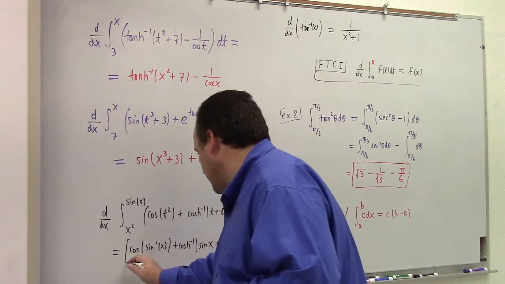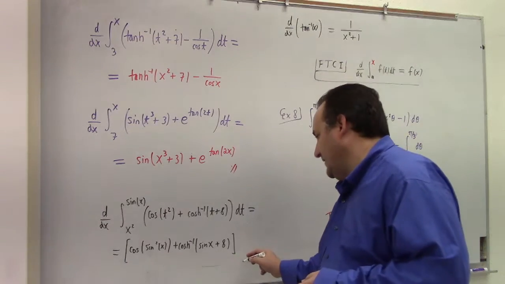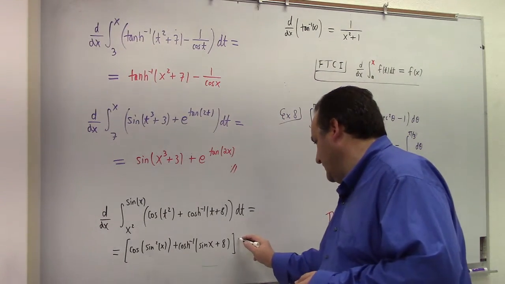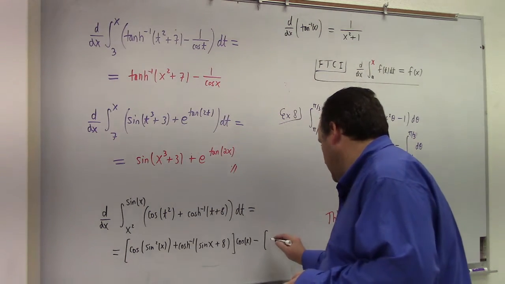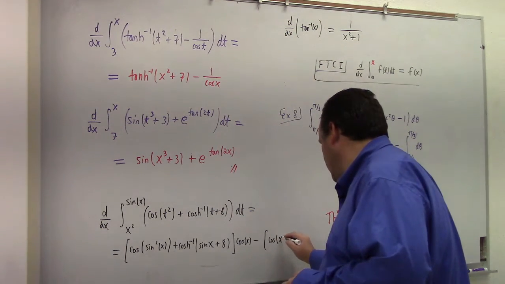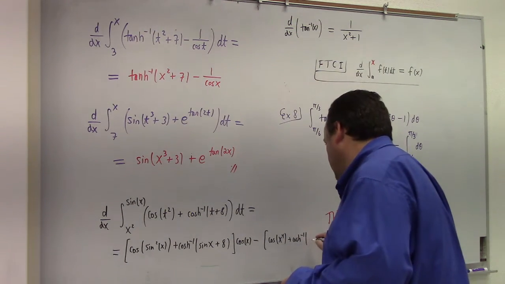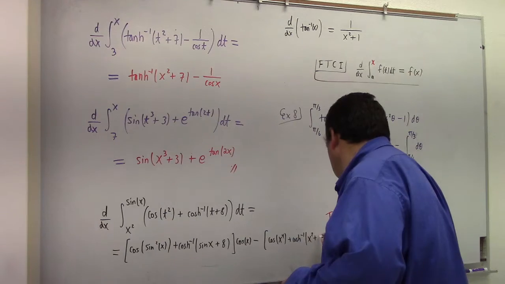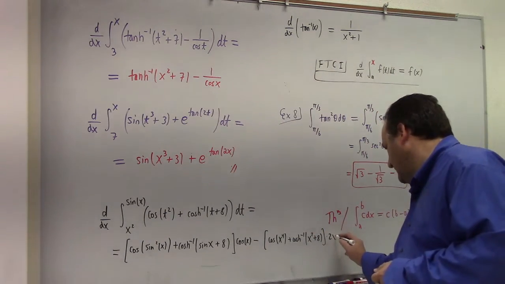So all I did was plug in t equals sine x, and then you multiply by the derivative of the bound, which in this case is cosine x. And then you subtract cosine of x to the fourth plus cosh inverse of x squared plus 8, and multiply by the derivative of x squared, which is 2x.